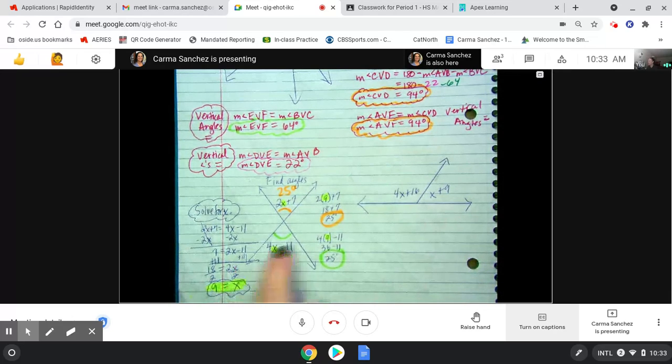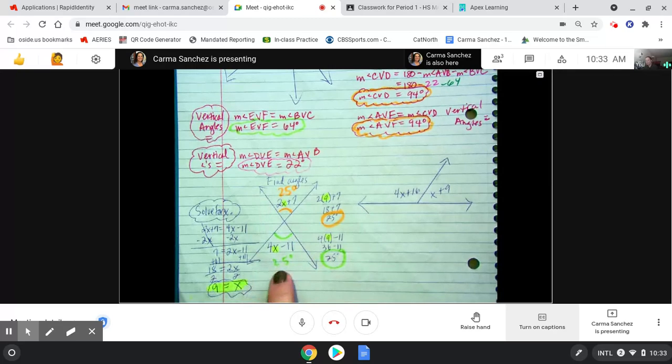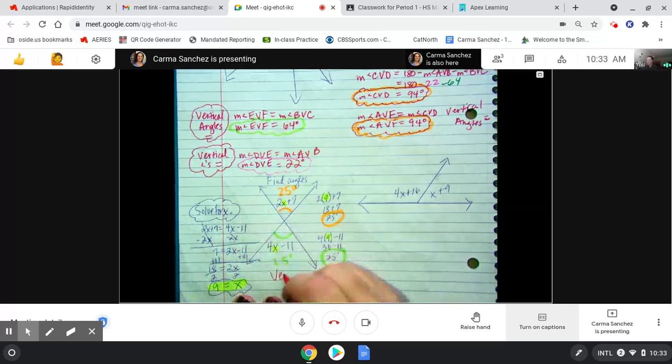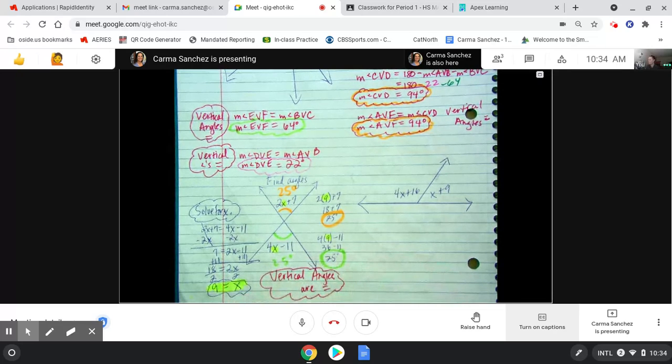If they ask you for the measure of the angle, you have to plug in and get the full measure of the angle. Does that make sense? So these are vertical angles are equal, and that's why I'm able to set them equal. So my reasoning is vertical angles are equal. That's called my justification, my reasoning.